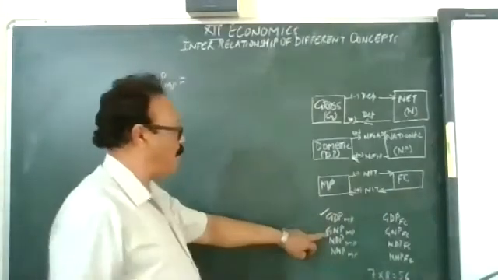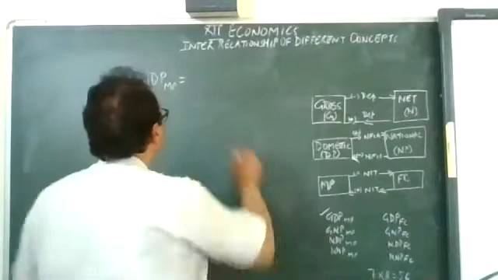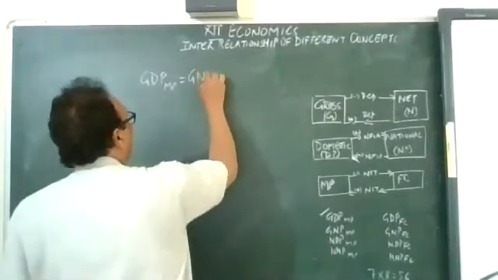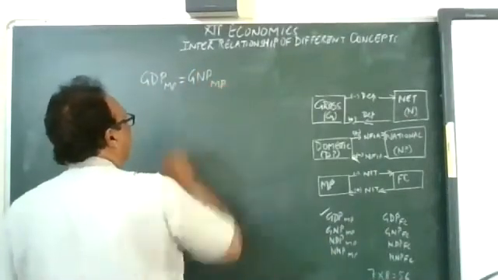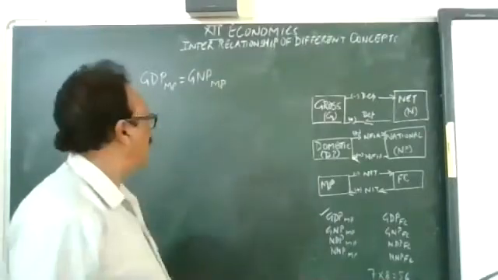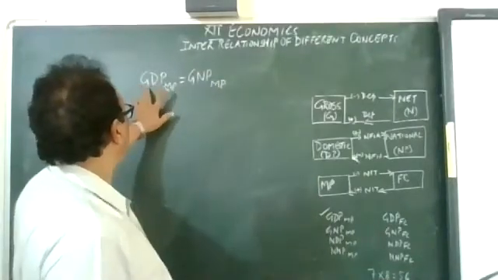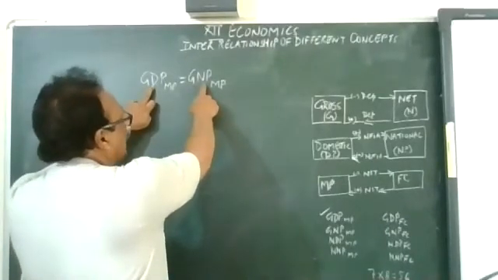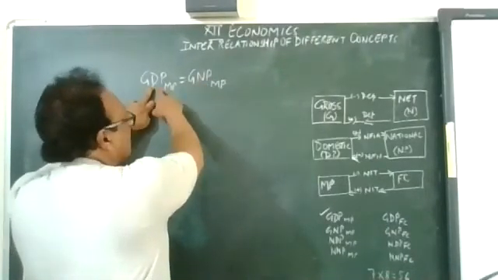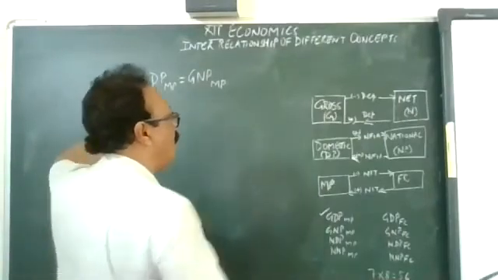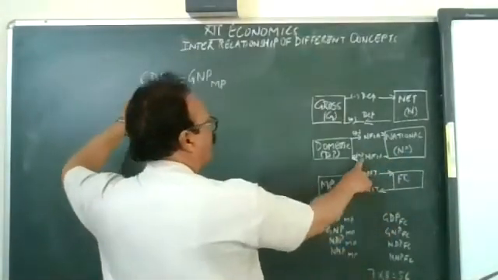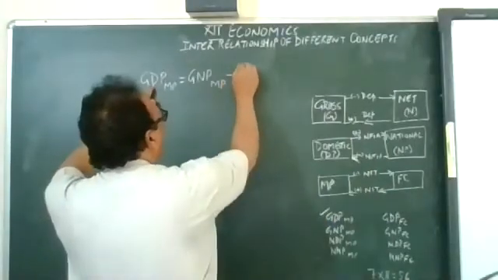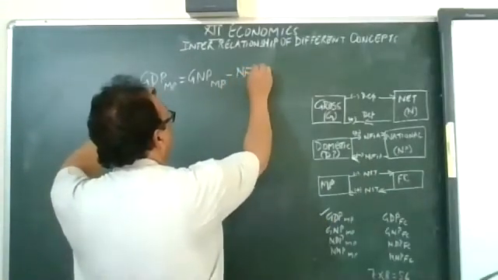First, I am calculating GDP at market price when GNP at market price is given. Gross, this is domestic and this is national. From national to domestic, what would you do? Minus NFIA.